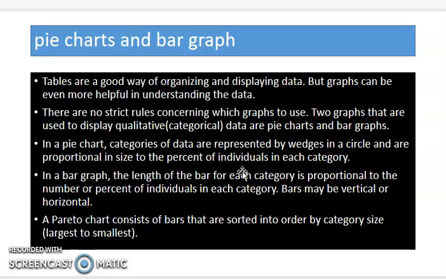In a pie chart, categories of data are represented by wedges in a circle and are proportional in size to the percent of individuals in each category. In a bar graph, the length of the bar for each category is proportional to the number or percent of individuals in each category. Bars may be vertical or horizontal.